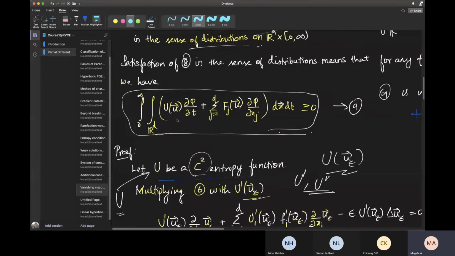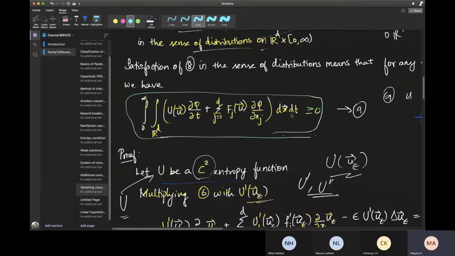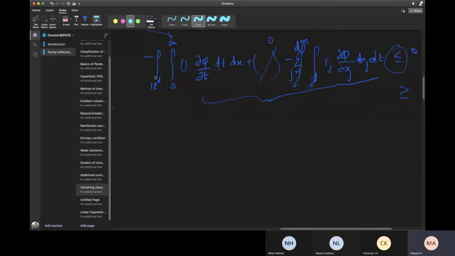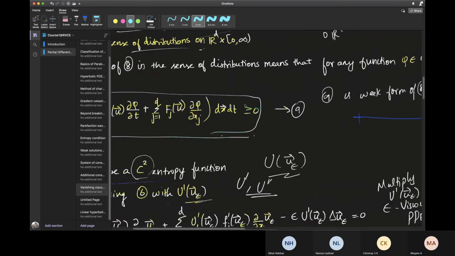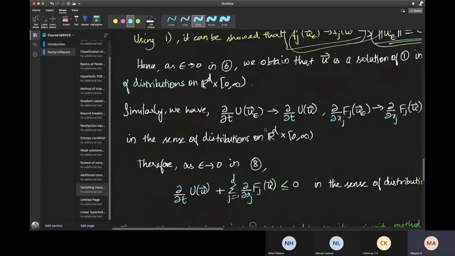In the integration, less than or equal to becomes greater than or equal to in the weak form, because when we do integration by parts, we get a negative sign. When we move the negative sign to the other side, we get a greater than or equal to. So in the weak form, the inequality reverses.